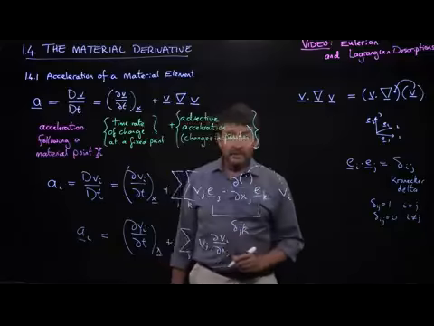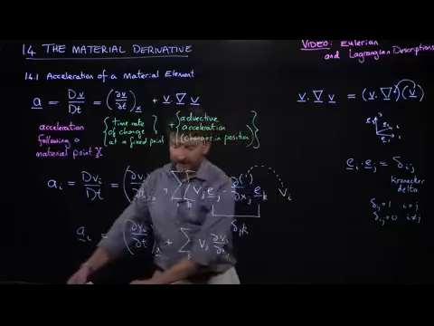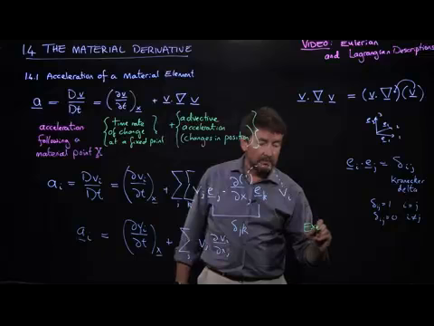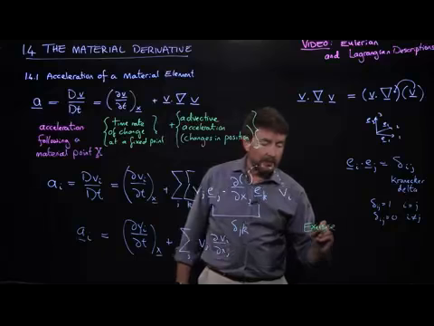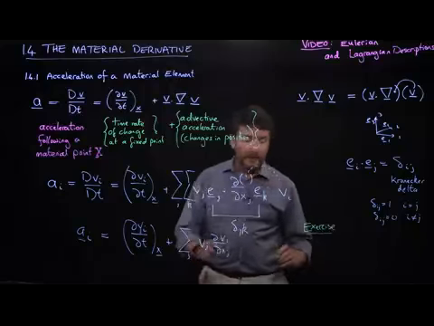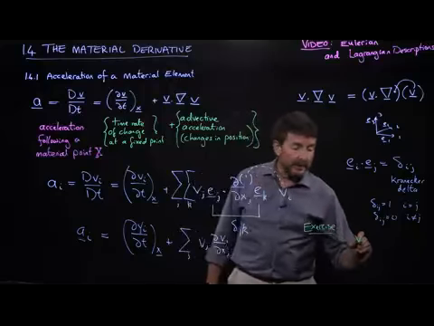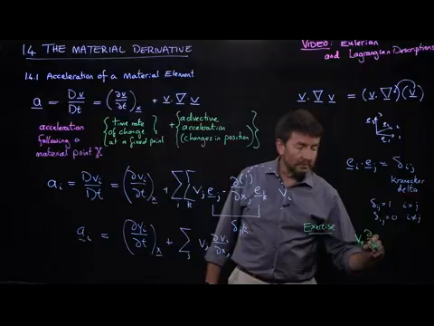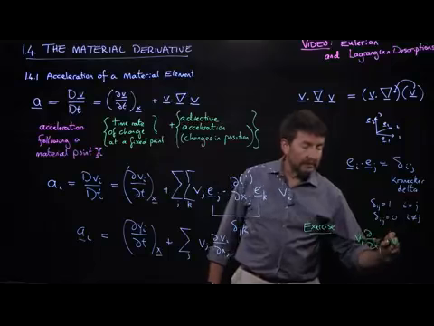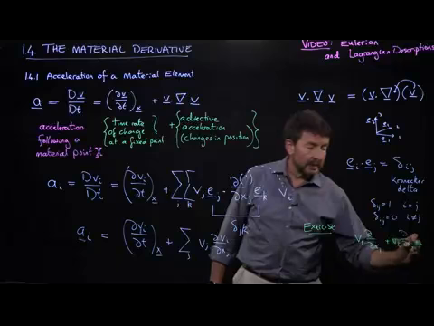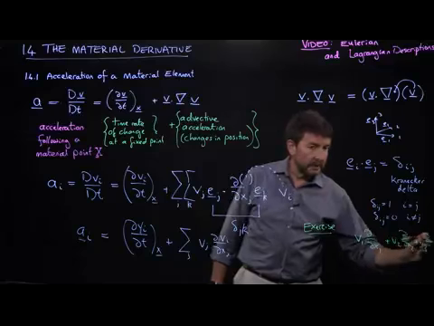So it's worth at least once writing this out, and so as an exercise, it would be good for you to write this out, because we'll have terms that will look like v1 d by dx1 plus v2 d by dx2 plus v3 d by dx3.